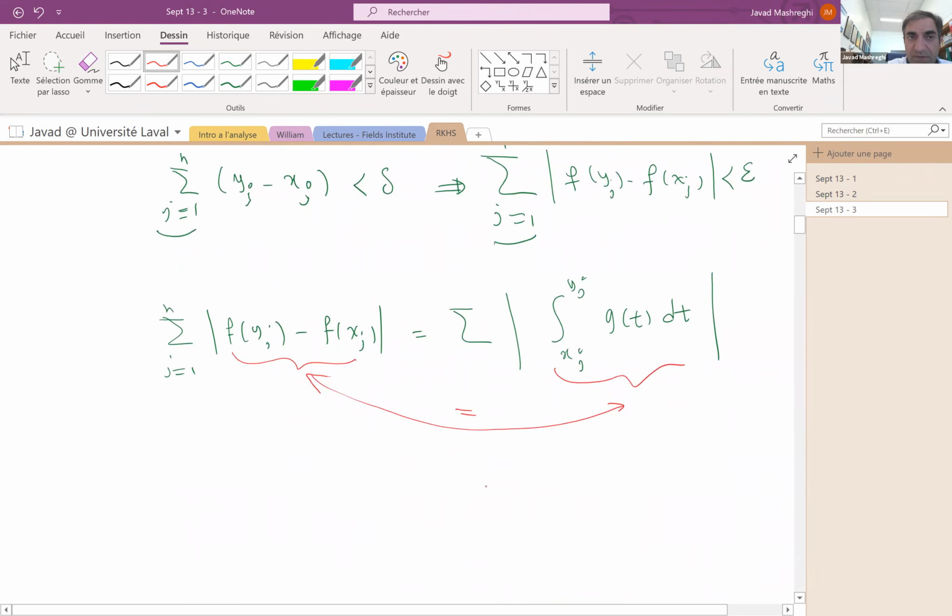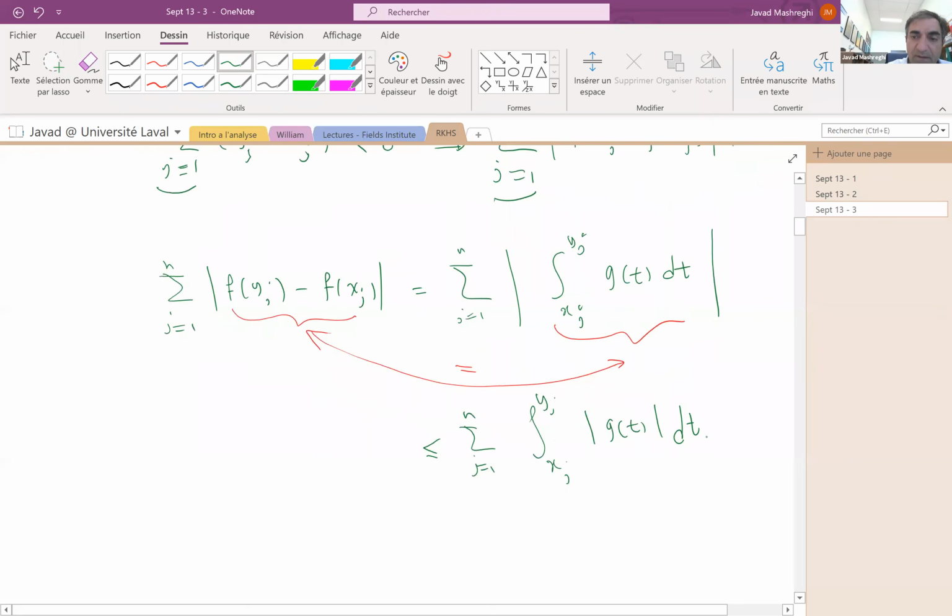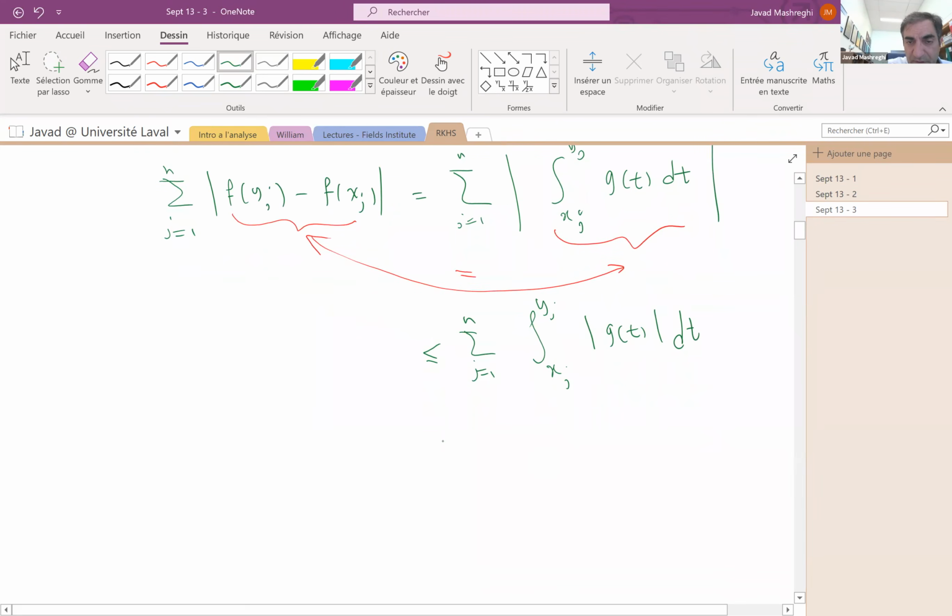And now you use the triangle inequality. It is less than or equal to the sum over j from 1 to n of the integral from xj to yj of the absolute value of g(t) dt. And you can write this as the sum over j from 1 to n of the integral over the interval (xj, yj) of the same function.